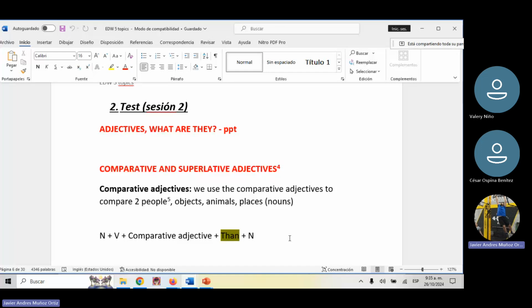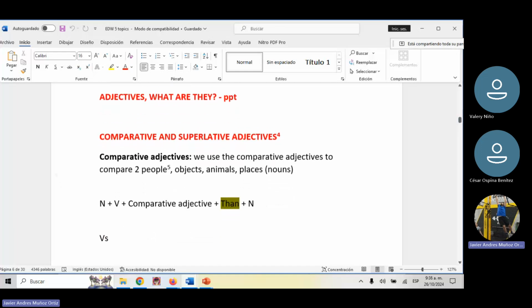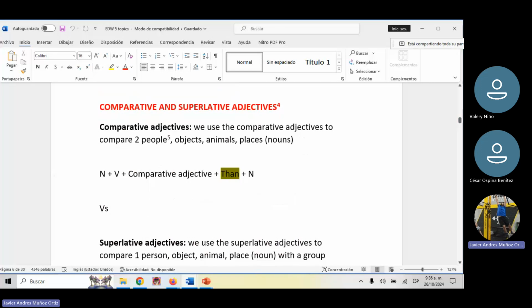So we are going to be able to compare with adjectives. We can compare one against one or one against a group. If we compare one city against another city, one gorilla against another gorilla, a Brazilian guy with a North Korean guy, we are using comparative adjectives.